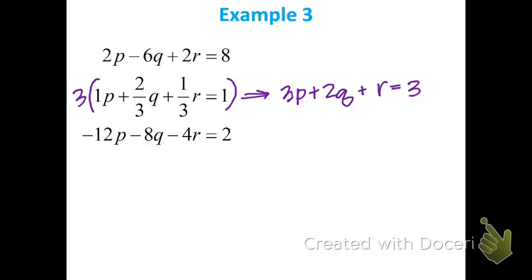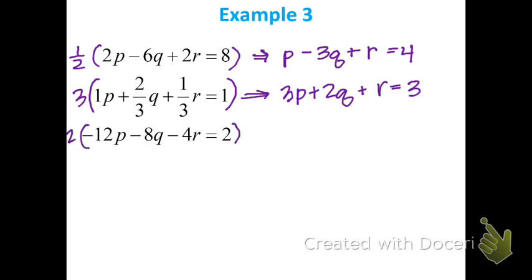In the first equation, you have 2p minus 6q plus 2r equals 8. Is there anything that we could use to get that simpler? Divide by what? 2. If you divide everything by 2 or multiply everything by 1/2, you're going to be left with p minus 3q plus r equals 4. And then what could you do to the third equation?